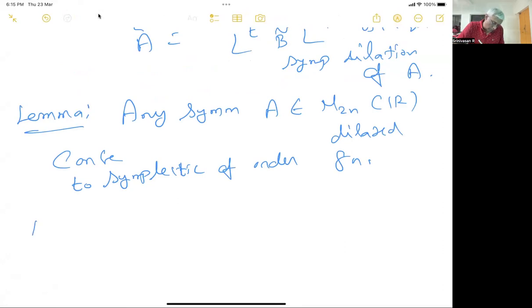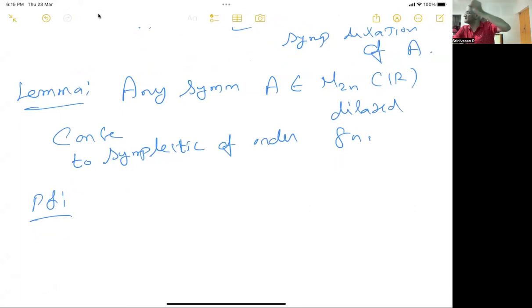Order 8, and proof. So you want to write a symmetric matrix as a difference of two strictly positive matrices. Of course, the symmetric matrix should be non-zero.